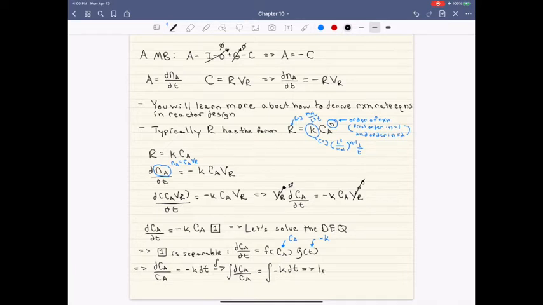When we integrate the left-hand side, what we get is the natural log of Ca. And when we integrate the right-hand side, we get negative kt. But since we're doing an indefinite integral, we also have to remember to include a constant. So this theta naught, I'm going to say, is just some integration constant.